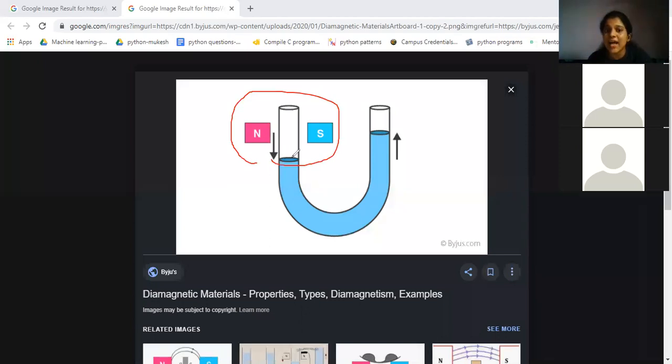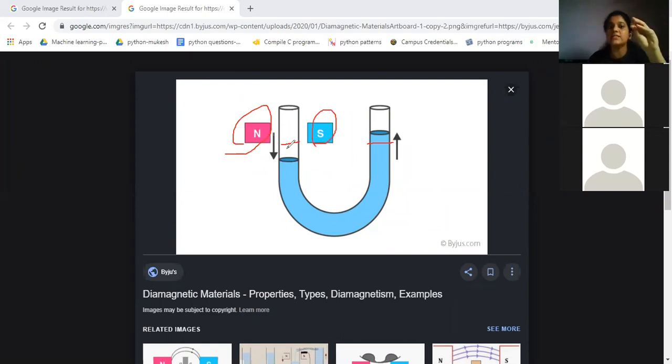So you all can see this diamagnetic liquid is moving away from the external magnetic field. Why? Because the diamagnetic material opposes the external magnetic field. Initially, both of them were at equal positions. As soon as I get a magnetic field at one end, the liquid inside is moving away from that magnetic field. I hope you all understood this point.